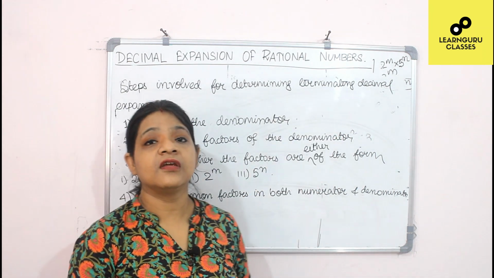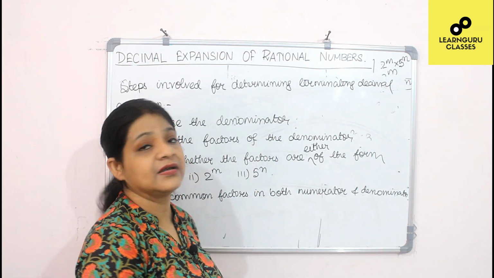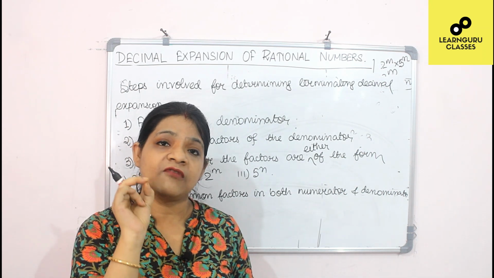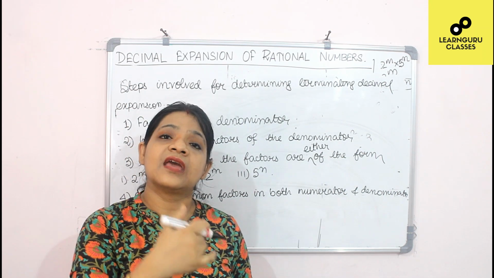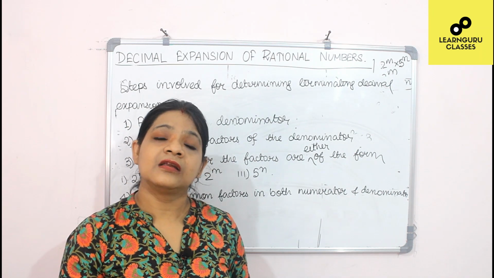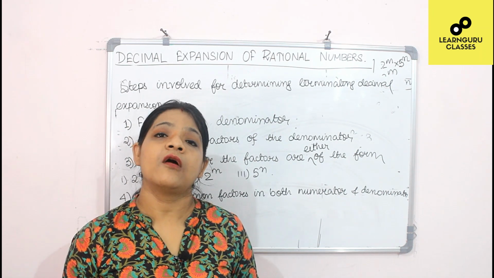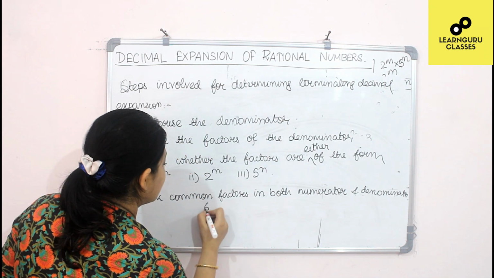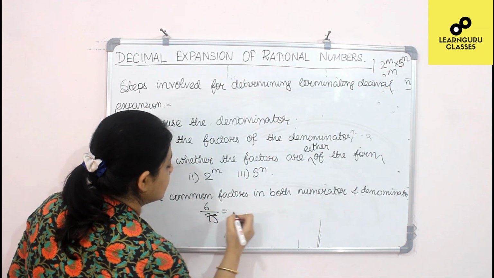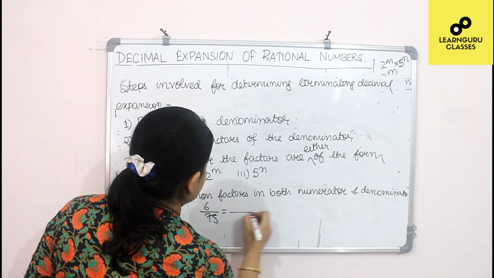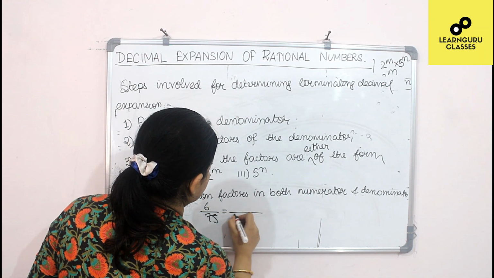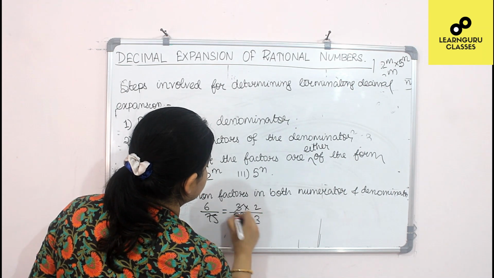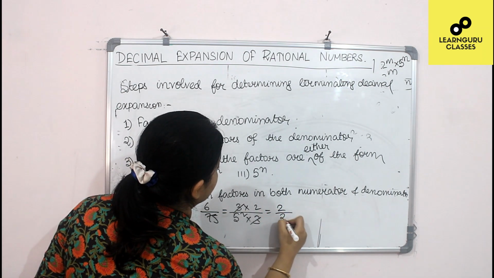Like I have given you the example of 6 by 75, where we have a common factor, which is 3. Once we cancel 3, 6 by 75 can be written as 3 into 2 over 5 square into 3, so 3 got cancelled, giving 2 by 25.